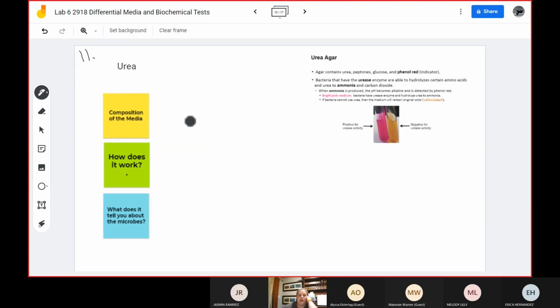Number 11 is the urea agar. You're looking for the presence of the urease enzyme. If a bacteria has the urease enzyme, it can convert urea, U-R-E-A, to ammonia.